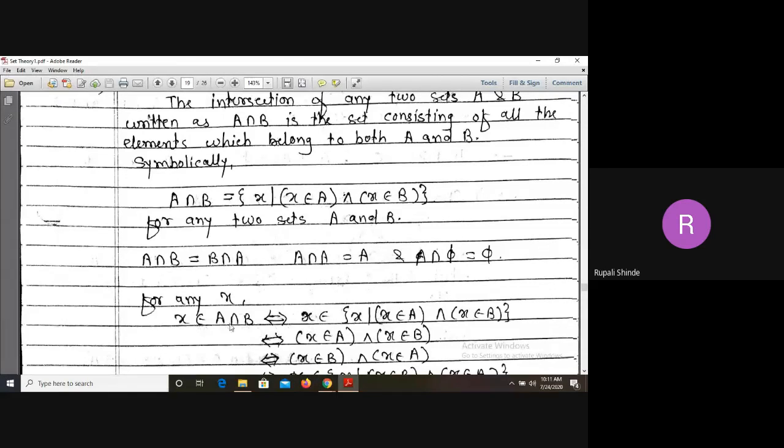Now write the definition for A intersection B. We have seen that the definition is: for any element X, X belongs to A and X belongs to B. We have just replaced A intersection B by its definition. Till now, we have just written the definition for A intersection B.